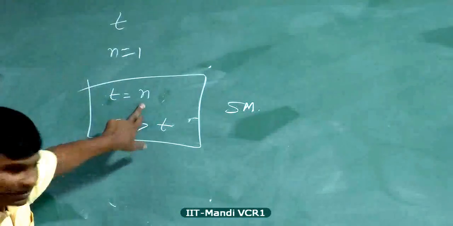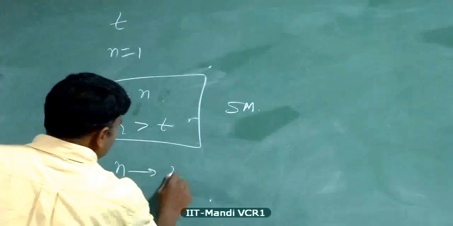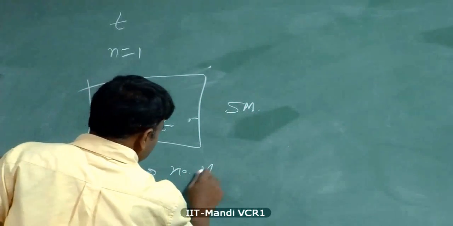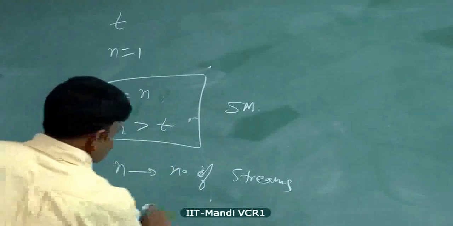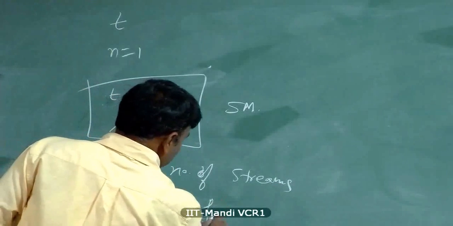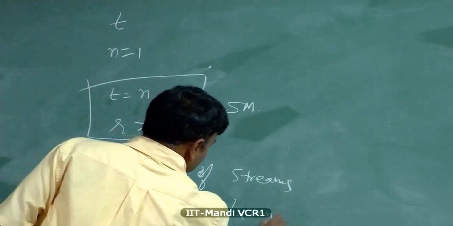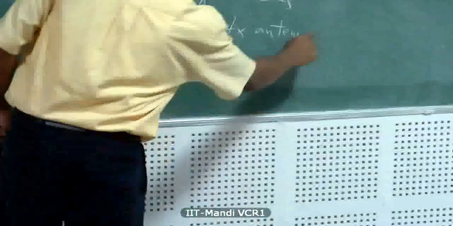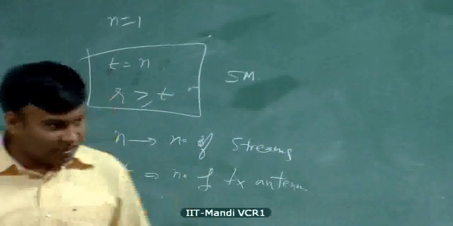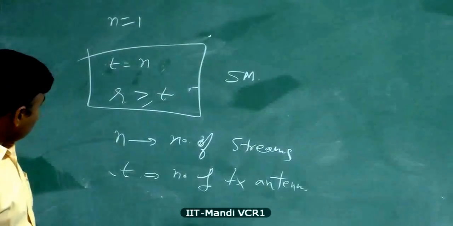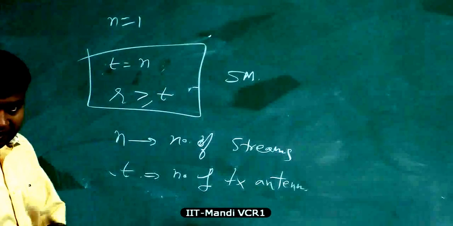N is the number of streams. T is the number of transmit antennas. You make them equal and R is greater than or equal to T, then the MMSE receiver was able to perfectly separate these streams, and you have a practically working system.